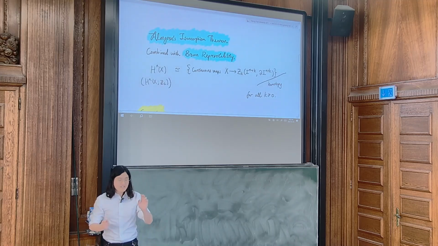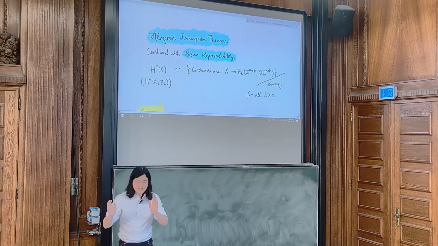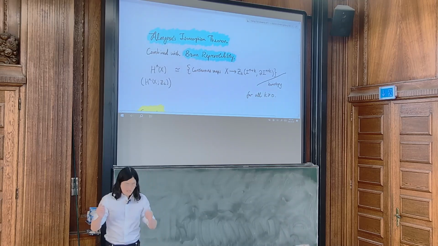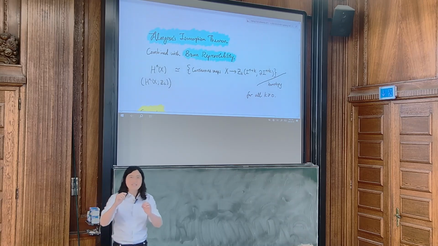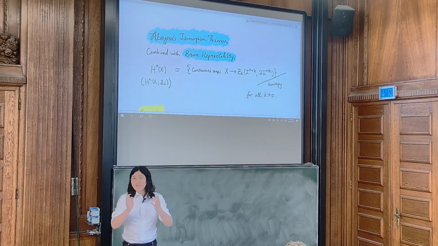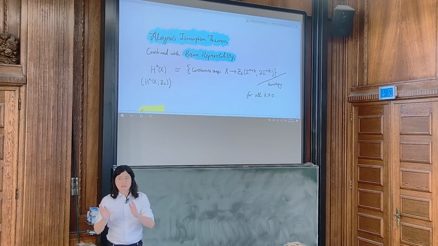This cohomology group is isomorphic to the set of continuous maps from X, which is a topological space, to the space of k cycles in the n plus k dimensional cube or disk, up to homotopy. Different maps will be considered in the same equivalence class if they're homotopic to each other.